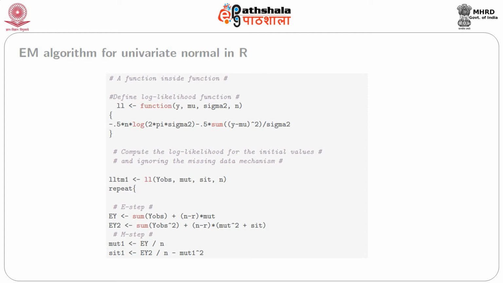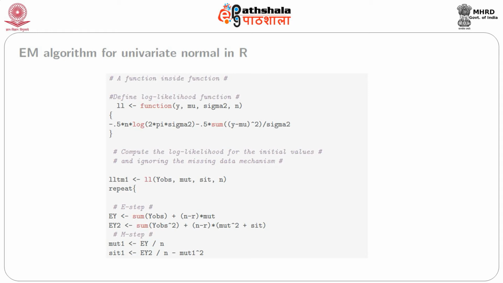Ey is the sum of y observed plus n minus r times MUT. That's coming from our initial results in the last session. And then Ey square is the sum of y observed squared plus n minus r times MUT square plus SIT.